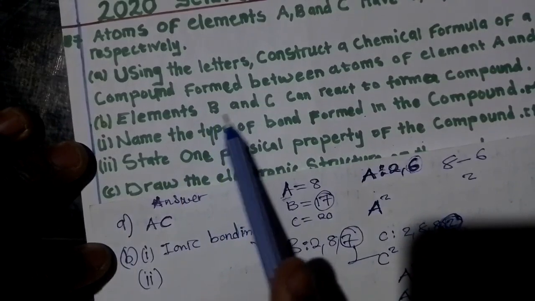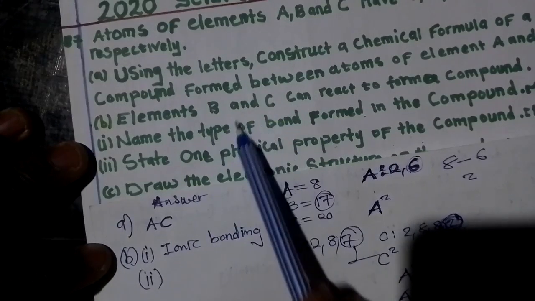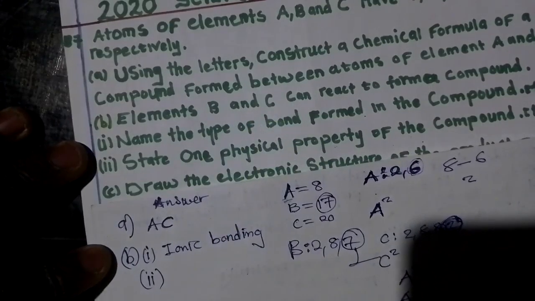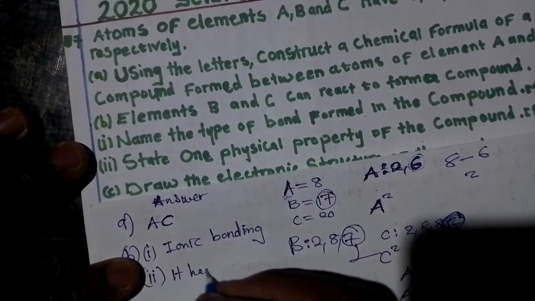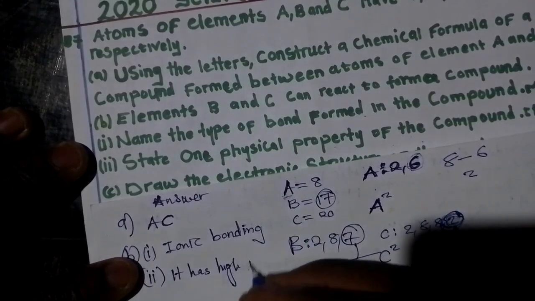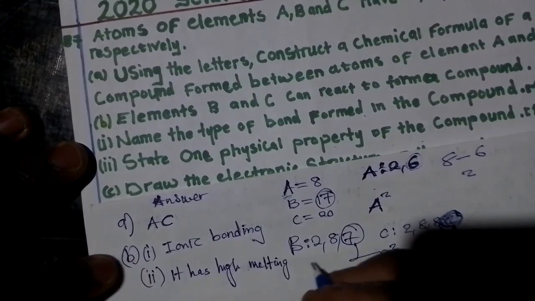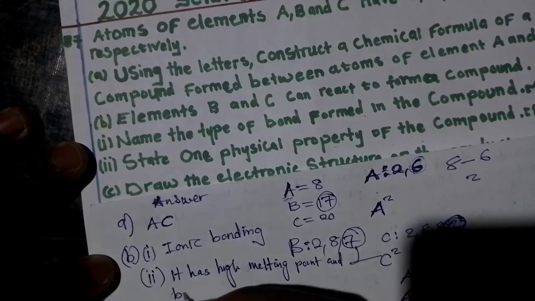And this one is an ionic compound. So what I'm going to say here is it has high melting point and boiling point. It has high melting point and boiling point.